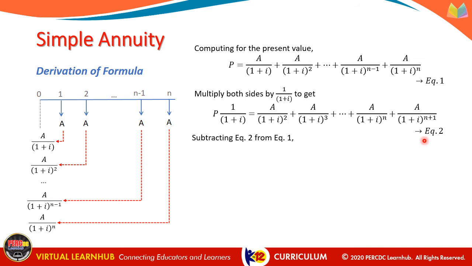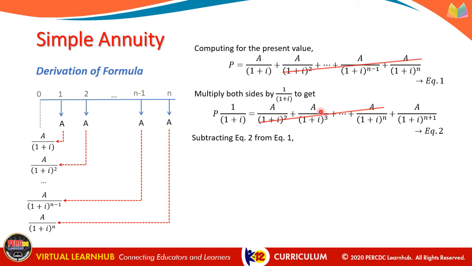Next step, subtract equation 2 from equation 1. When we subtract these 2, we can cancel A over 1 plus I squared until A over 1 plus I raised to n. We also have it here, A over 1 plus I squared until A over 1 plus I raised to n.